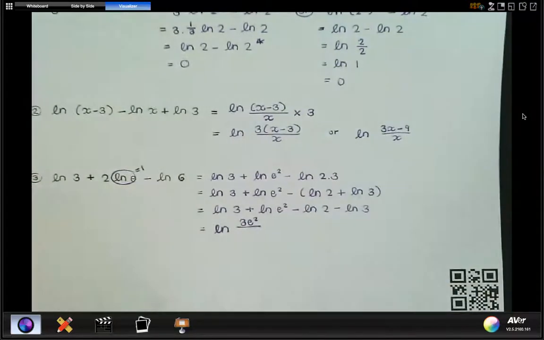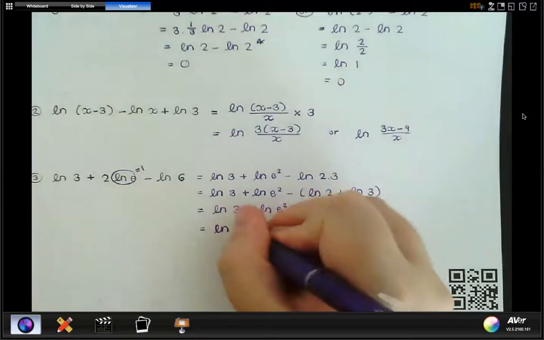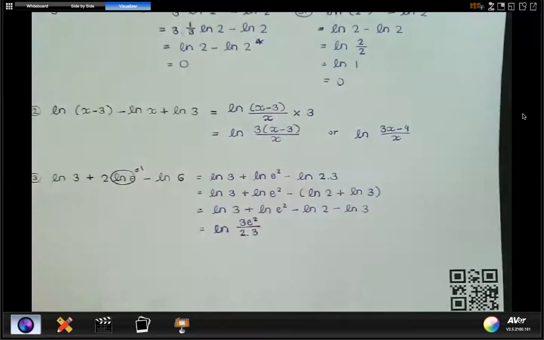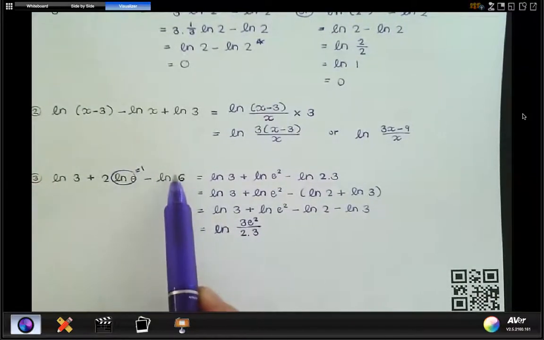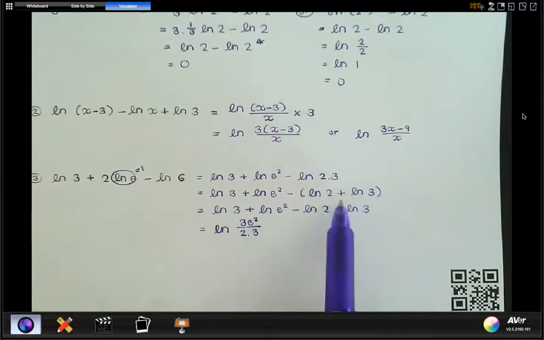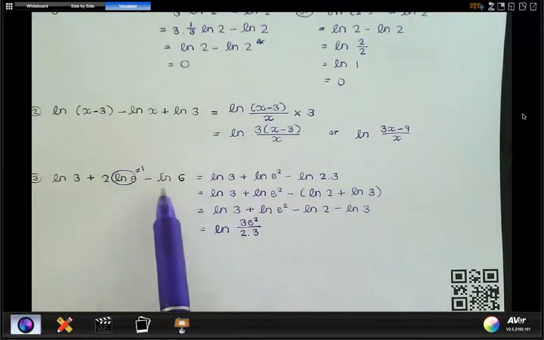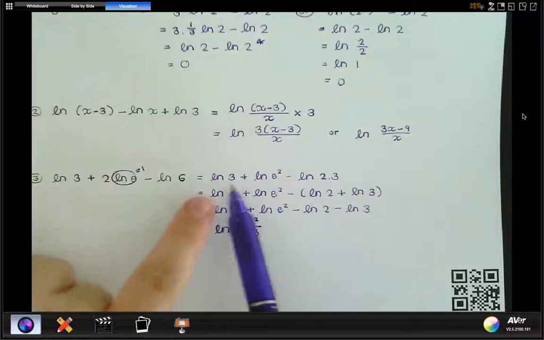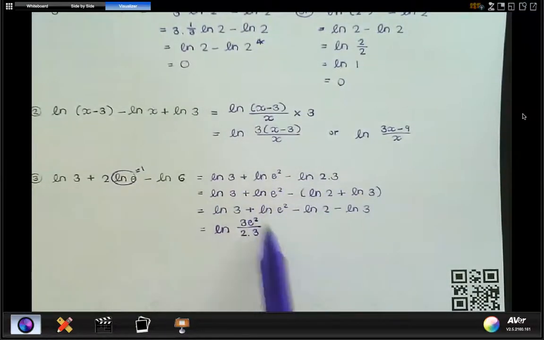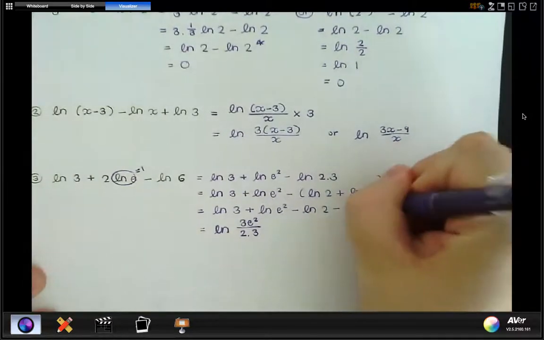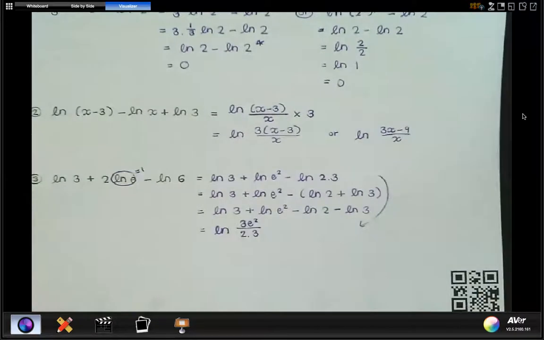So we need to divide by both of them: 2 times 3. Now, you actually could have left it as minus ln 6. Do you guys notice that? I actually did more work than was necessary here. You could have left it as ln 6, and you could have just done ln 3 plus ln e squared minus ln 6, and you would have gotten the same answer straight away. So actually I could have gone straight from that to that.